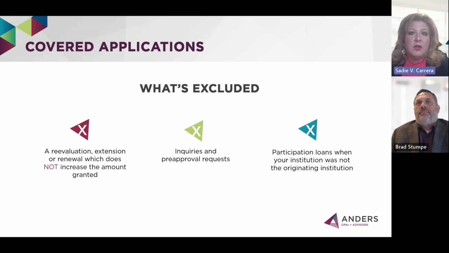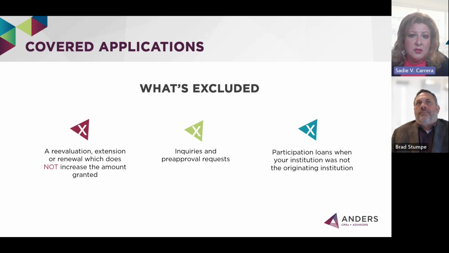So we can talk about what's excluded. Well, what's excluded would be any reevaluation, extension, or renewal that did not increase the amount that was originally granted. So for example, those transactions that would modify an interest rate or extend the maturity, those would not be covered. You're not going to be reporting those.